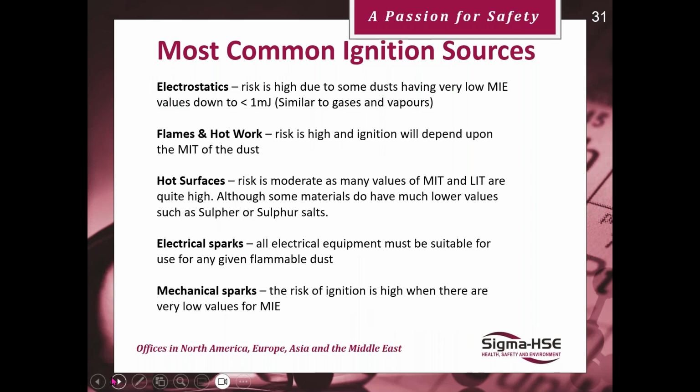So don't be complacent about it. And if you're dealing with electrical equipment, you'll need to confirm that the maximum surface temperature of the enclosure is selected correctly. And these two tests, MIT and LIT, will give you that property.